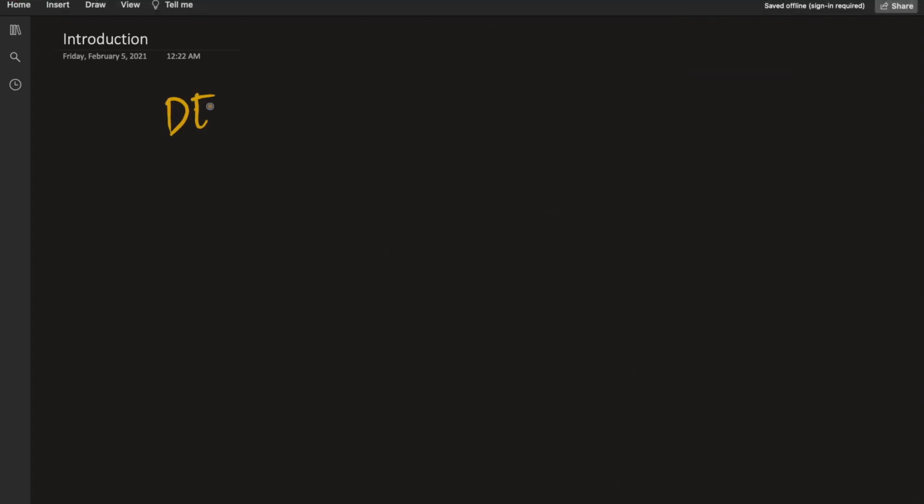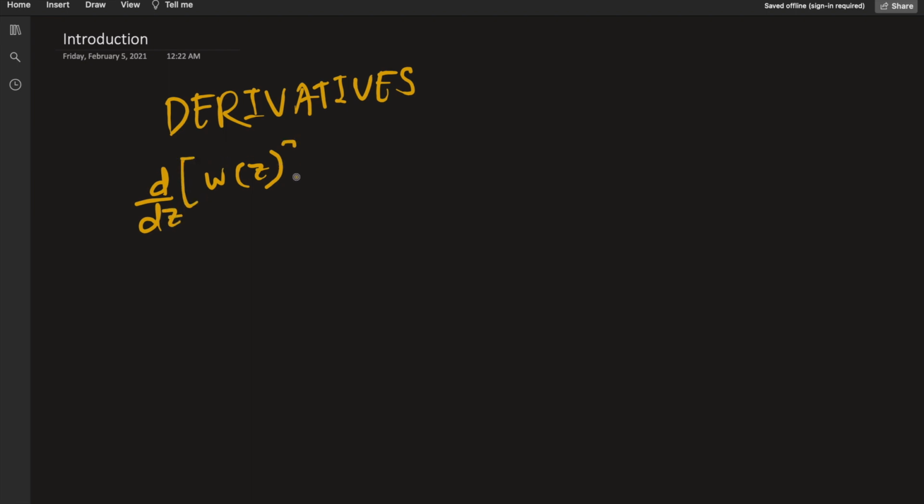Okay, so now let's move our discussion to the derivatives of complex functions. You have w of z and you differentiate it with respect to the only parameter it has, z. Well, you can write the principal definition of the derivative, the limit definition.